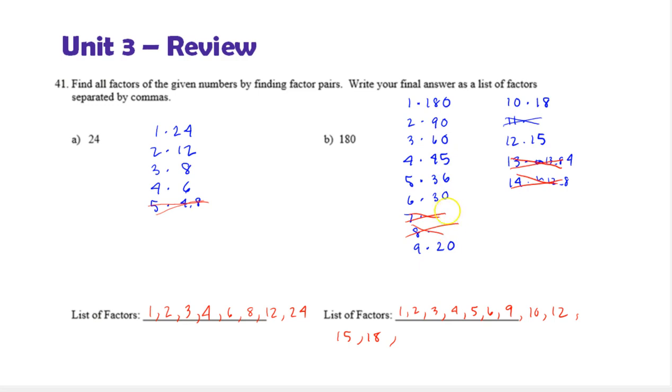Now reverse. 20, 30, 36, 45, 60, 90, and 180. Okay, so notice this is a long process, but it's important. I didn't happen to know off the top of my head that 180 was divisible by 36 or that 36 was a factor. So you need to go through this process to make sure you don't miss any.